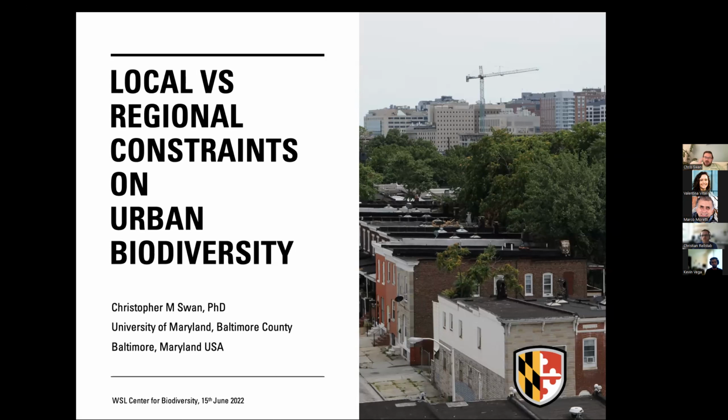And I'm going to talk about it in two contexts. One is from a survey point of view, testing a conceptual model of how biodiversity is organized in urban places. And the other is from an experimental point of view, looking at local and regional effects and how they unfold in the urban context.